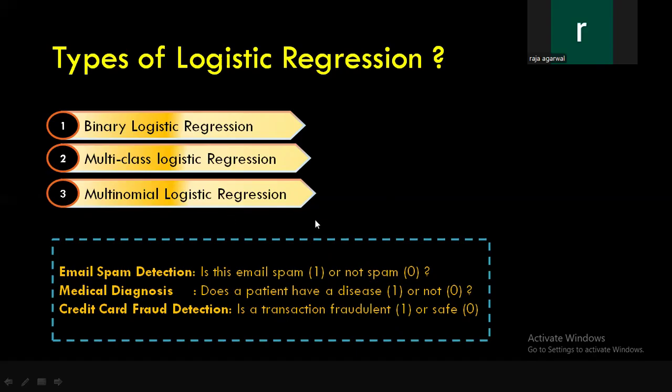For example, predicting a person's mood, something like happy, sad, or excited. So multiple possible emotions are there, right? In binary logistic regression you are predicting either yes or no. Multi-class is for different categories, and multinomial always has overlaps. Remember this.